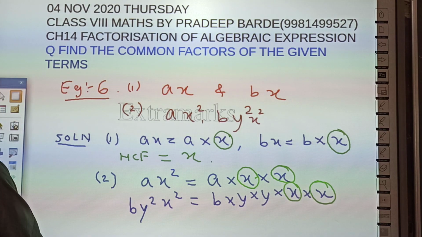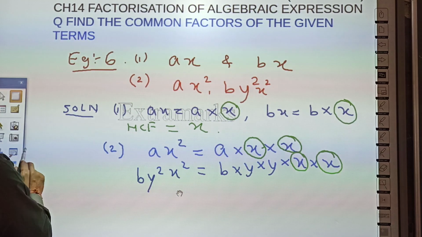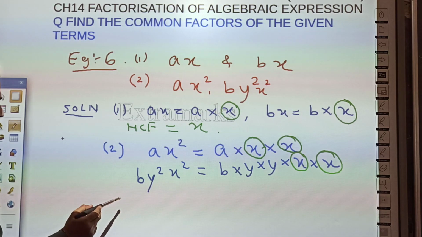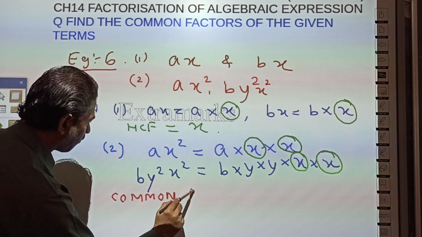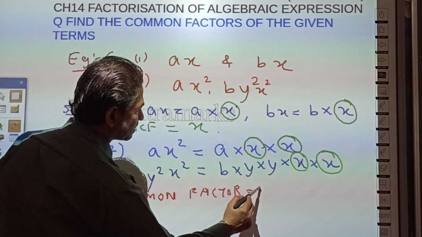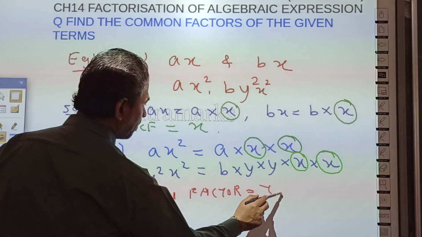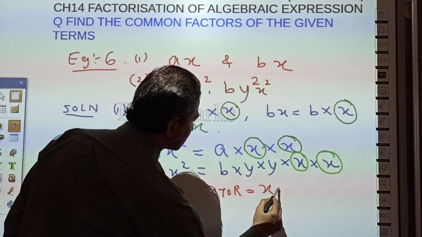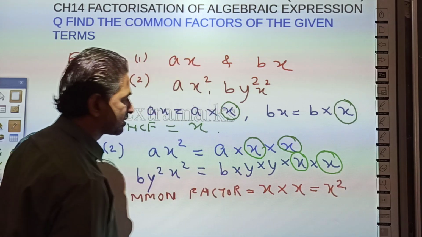So the common factor is x into x, which is equal to x square.